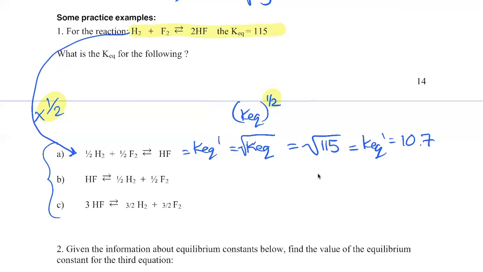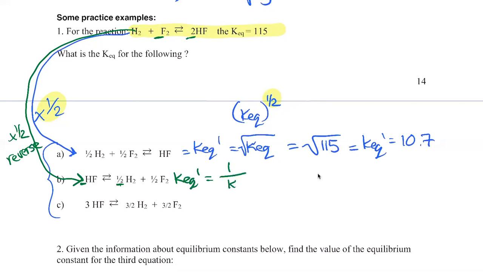For reaction number 2, or B, I guess, here, we'll notice again that 2 becomes a 1, the 1s become a half. So again, we're multiplying by a half, but we're also reversing it. So we're flipping the products and reactants. So the KEQ for this reaction is going to be equal to 1 over KEQ to the power of a half, or you can write it out as 1 over the square root of the original KEQ.